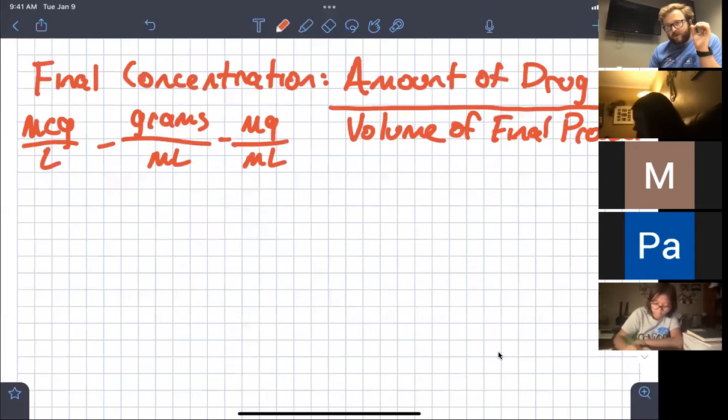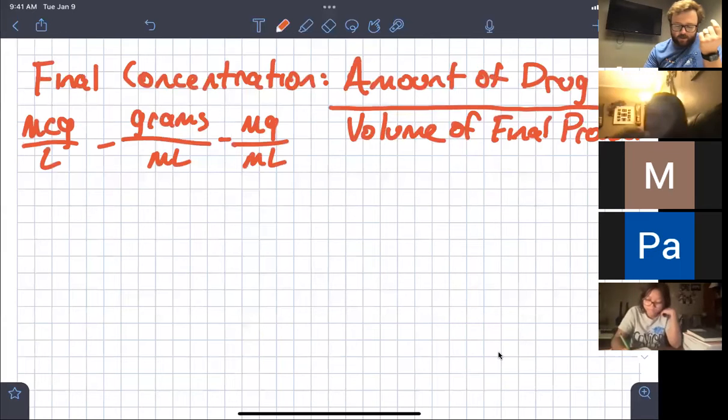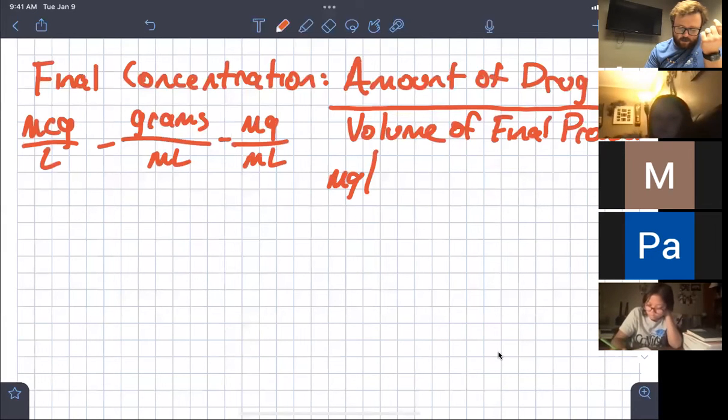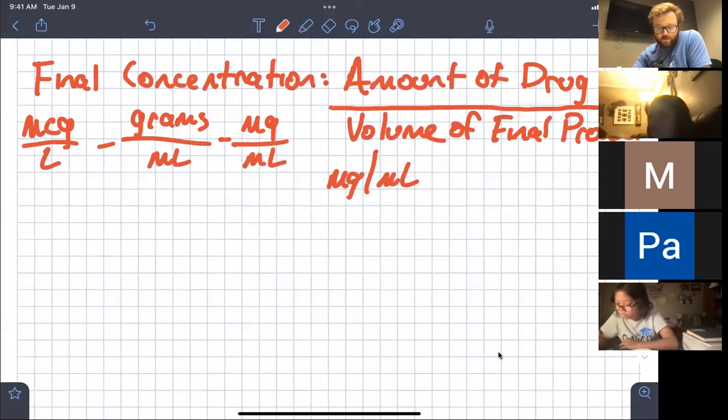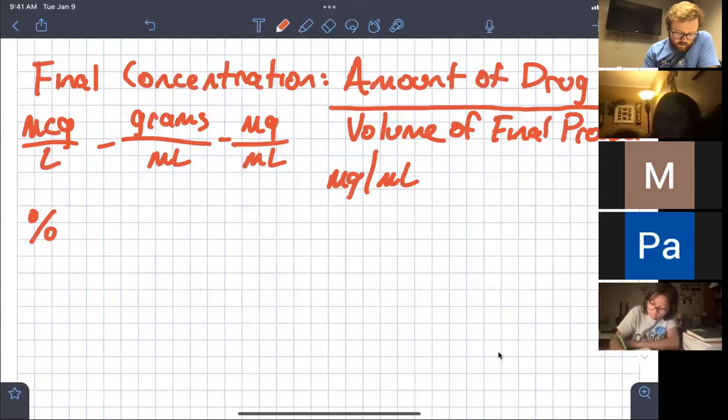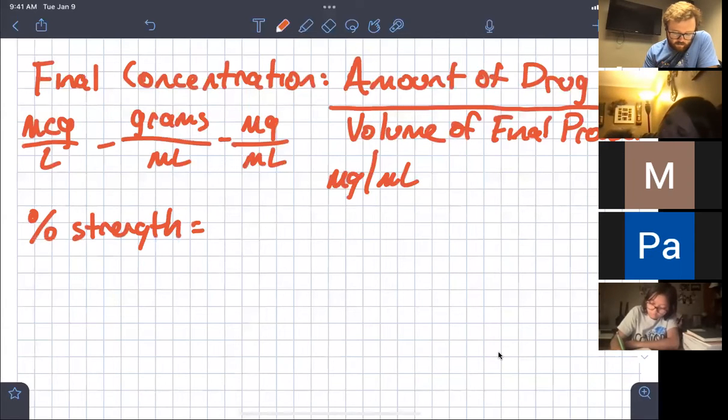So if you are supplied with a final concentration and you see mg/ml, you know right there that is the amount of drug over a volume. So you know it's already reconstituted. You know it's already been diluted. When you see percent strength, what do you think?